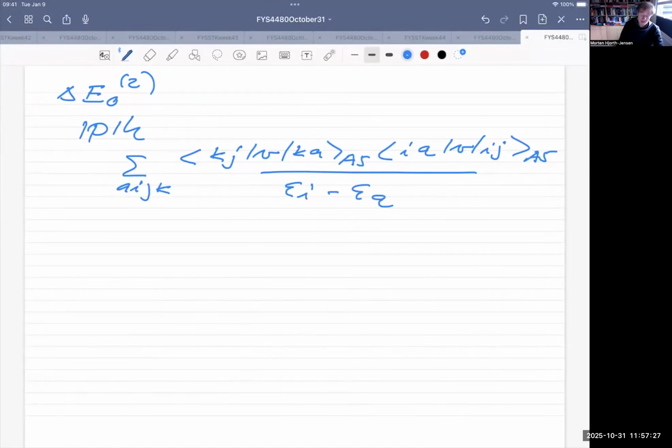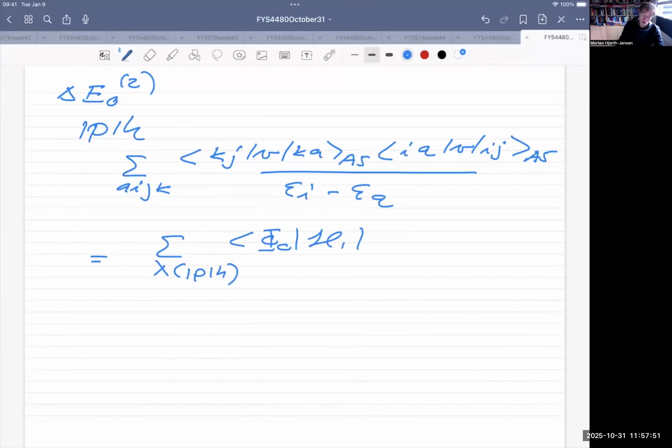So when we now are setting up these terms, this corresponds to doing the following. It's the same as us making a summation over the states lambda, which in our case are one particle, one hole states. We have the ground state of the system. We have the interaction piece.